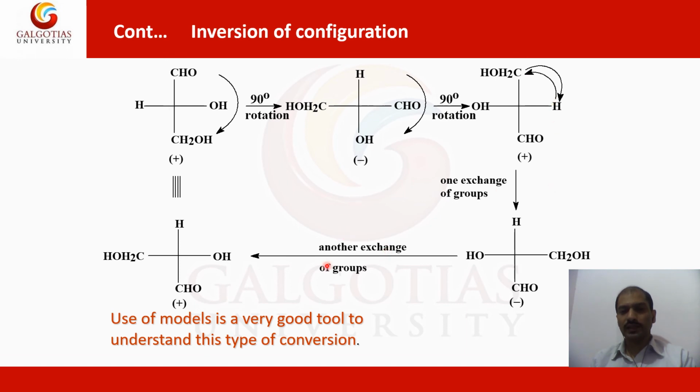Another exchange of groups, another exchange. A model is a very good tool to understand this type of conversion. This kind of conversion can be seen by rotation of the molecule. With respect to this, this is 90 degrees, and again another 90 degrees.